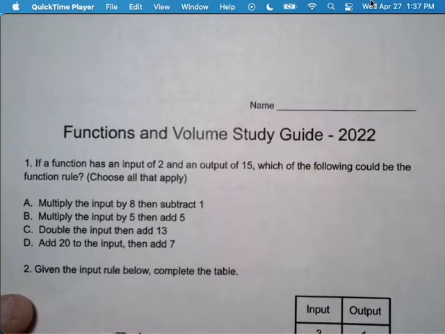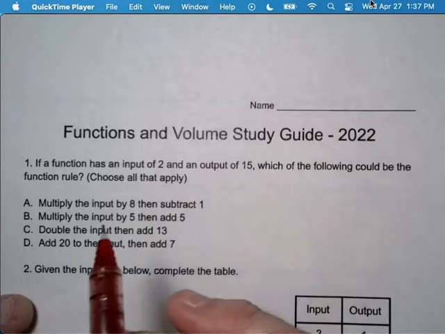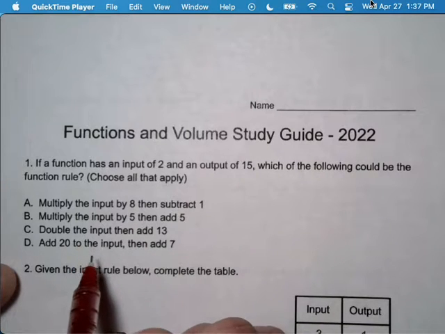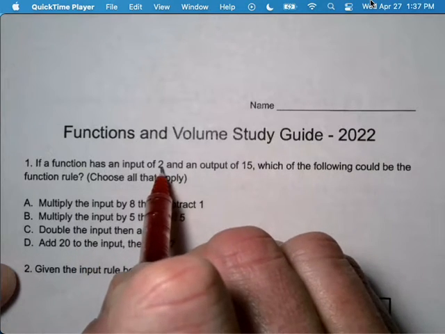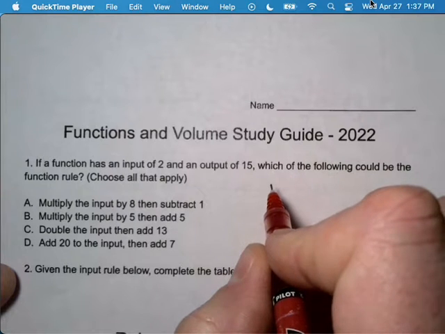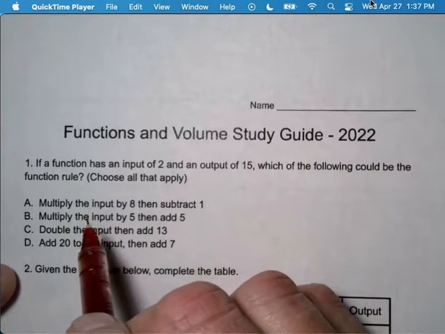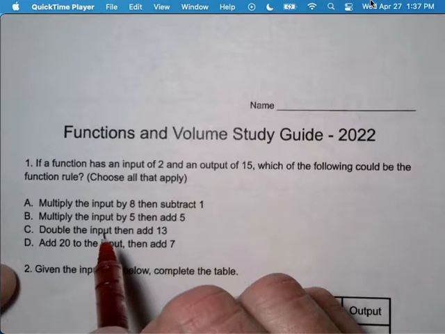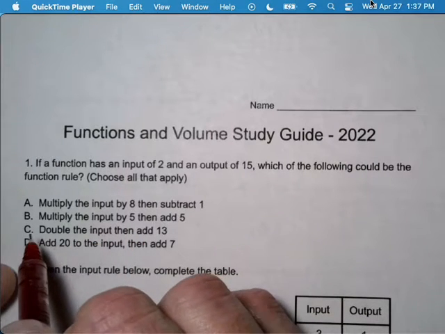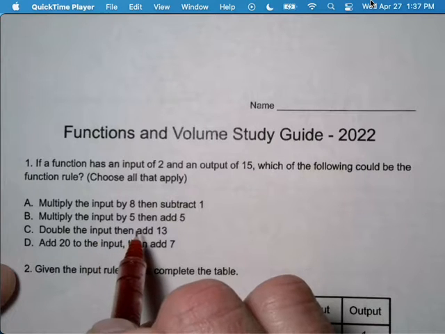So what do you got? Daniel? Plus 13. Plus 13, okay. So it could be we take the input and add 13 to it. Okay, is that one of my options? Okay, so C says double the input, then add 13.